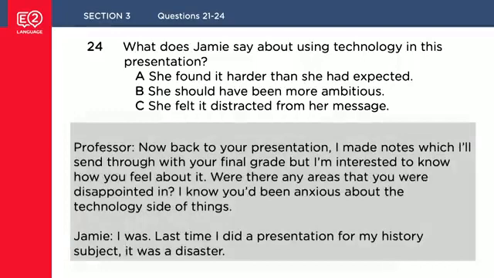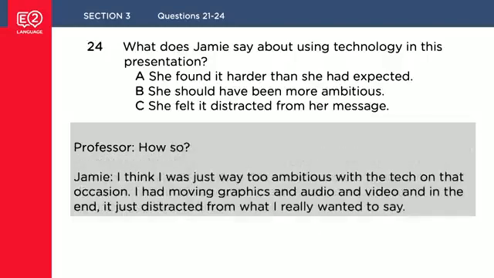Here is the script. Read through, look for the answer and the two distractors. The conversation continues. The professor asks, how so? Again, read through, find the distractors and the answer.